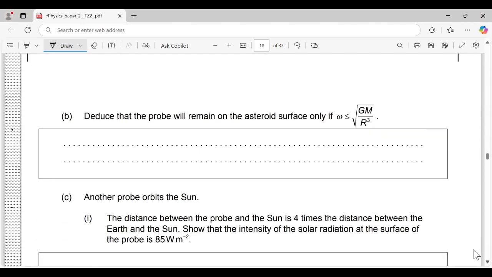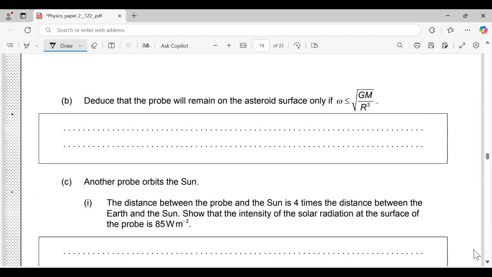Next we move to part B. Deduce that the probe will remain on the asteroid surface only if omega is less than or equal to the square root of GM over R cubed. Right. According to part A, N equals m times (GM over R squared minus omega squared times R).